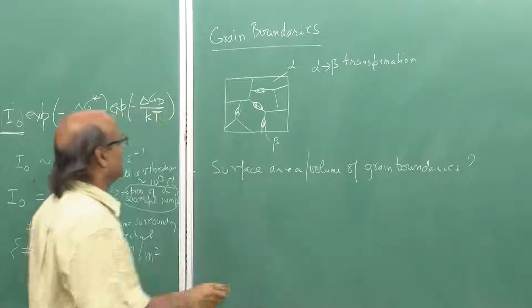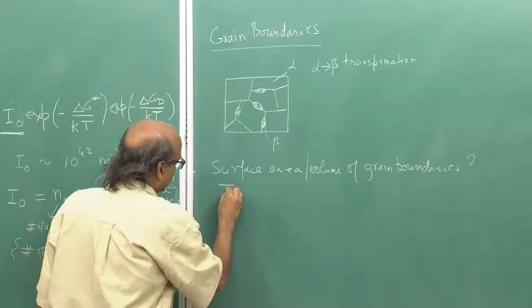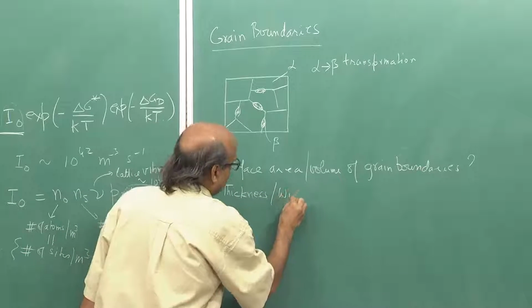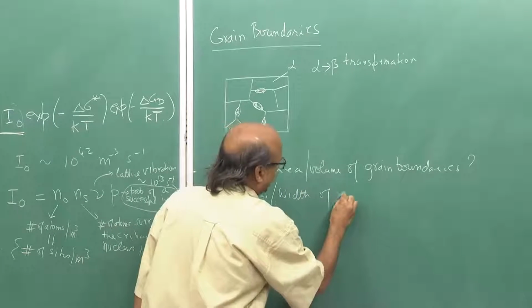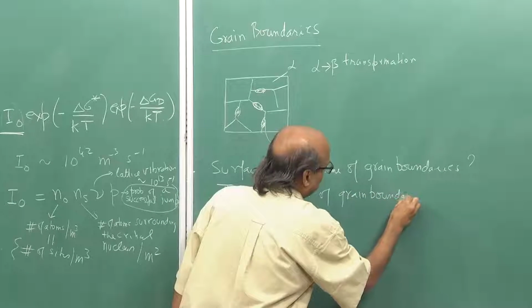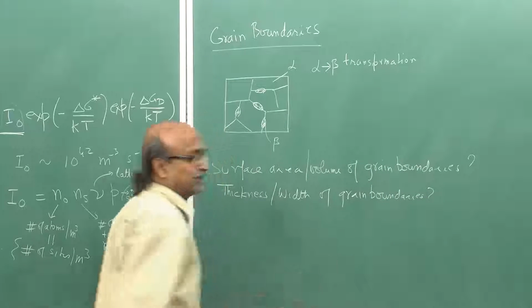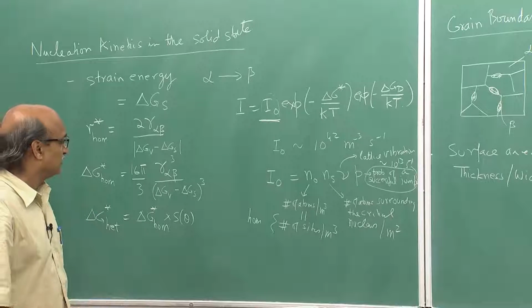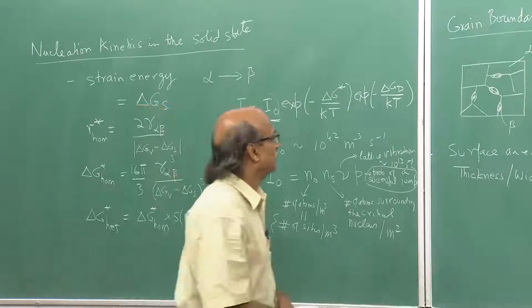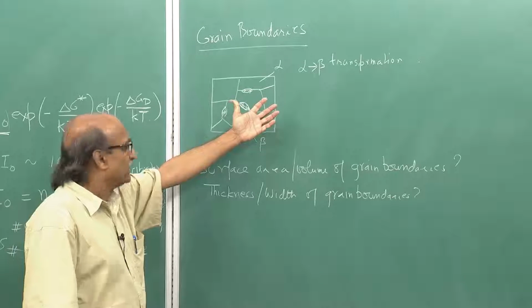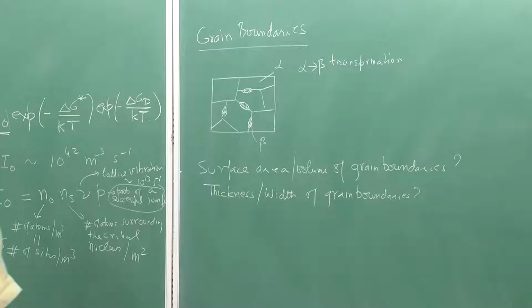I need to know the thickness or width of grain boundaries, so that I can calculate the volume of grain boundaries, or the volume fraction of grain boundaries in the material. Once I know this, I would be able to make an order of magnitude estimate for the density of nucleation sites.